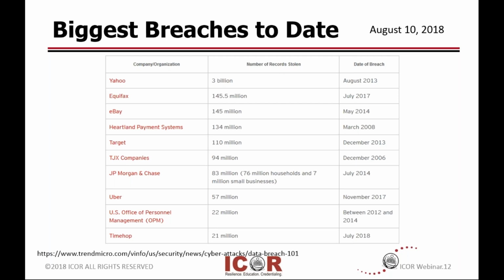Then you can see the number of records that have been stolen, from 3 billion down to 21 million. Those numbers are baffling to me. And then they give you the dates of the breaches. This study goes all the way back to 2008, and as recent as July 2018 with TimeHop, an organization I have not heard of.